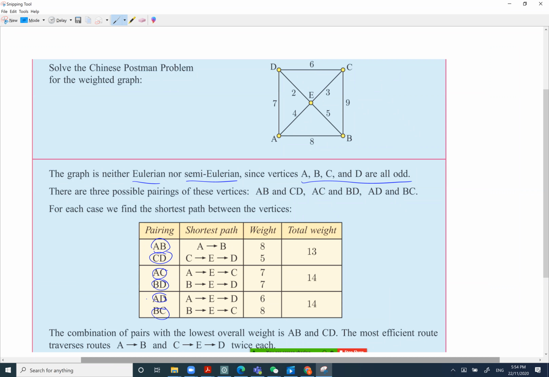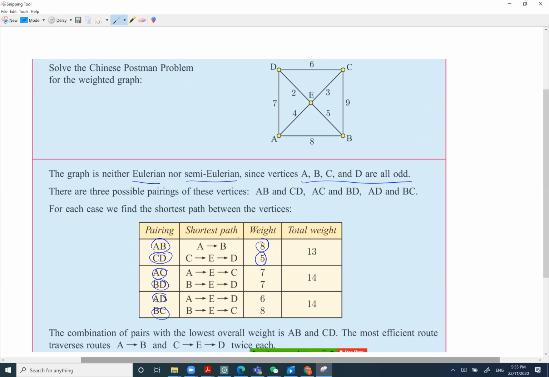Okay. For A to B, the shortest one is just 8. A to B could be here, but we choose the shortest one. So A to B is just 8. C to D. You have C to D just 6, or you have C to D just 5. That's why here gives you 5, and here gives you 8.